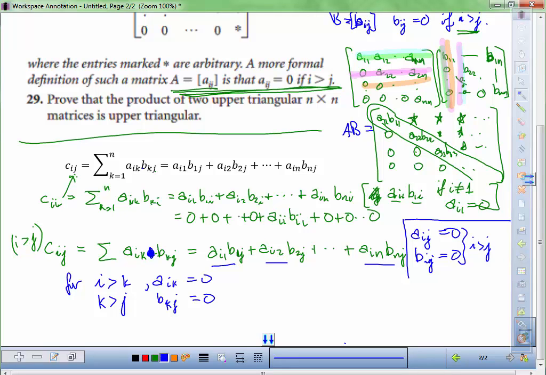Here's a proof that's not so algebraic, sort of more visual. If you want to show the product is upper triangular, you want to know that the ith column of the product has zeros after the ith place, right? But the ith column of the product is completely determined by the ith column of the second matrix.